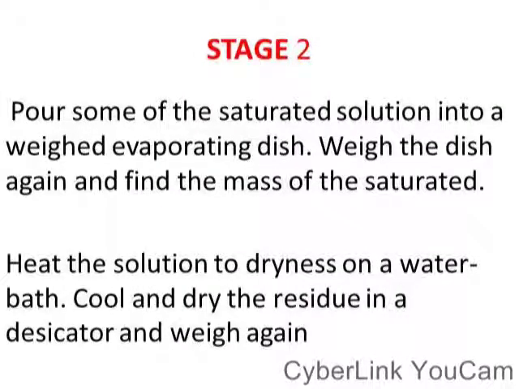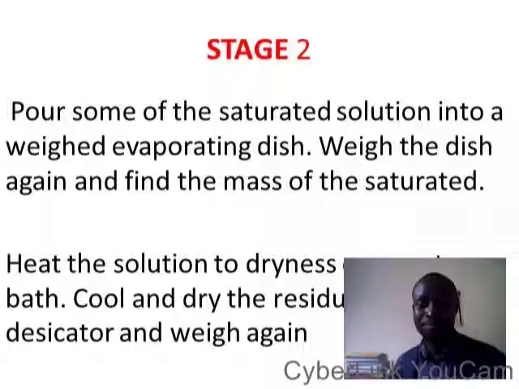Stage 2: put some of the saturated solution into a weighed evaporating dish. Weigh the dish again and find the mass of the saturated solution by subtracting. Now heat the solution to dryness on a water bath. Cool and dry the residue in a desiccator and weigh again.